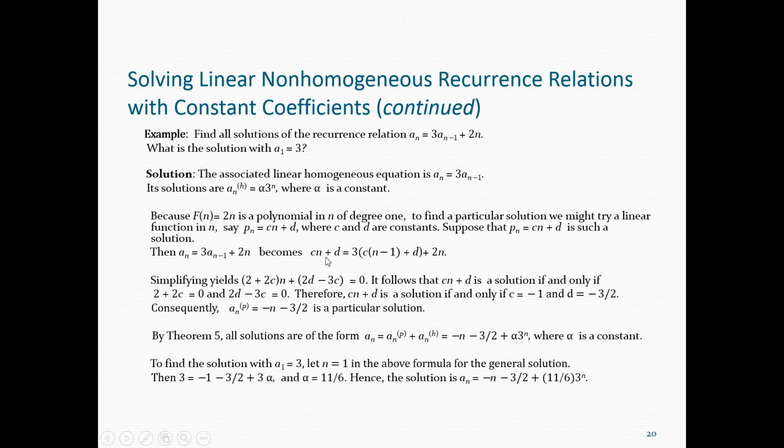So we have a_n, that is p_n. a_n is equal to p_n. Pn is the solution. That is, when we replace a_n by p_n, then this equation must be satisfied.